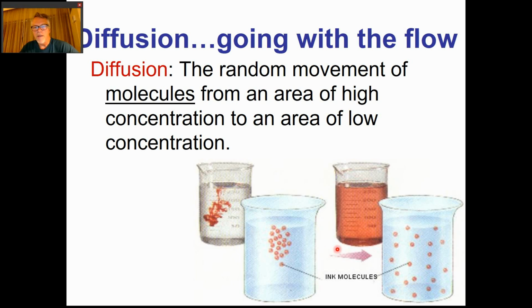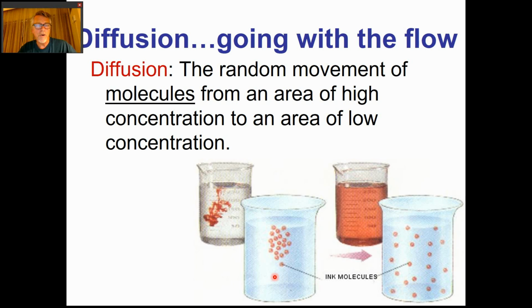And then over time, those red ink molecules will spread out until the whole container is basically filled with red ink molecules like this. Okay? So that is the process of diffusion. The movement of something, red ink molecules in this case, purple dots on the previous page, from an area of high concentration, where there is a lot of it, to an area of low concentration, where there's little or none. And that's what diffusion means.